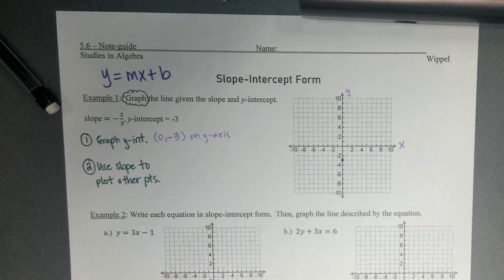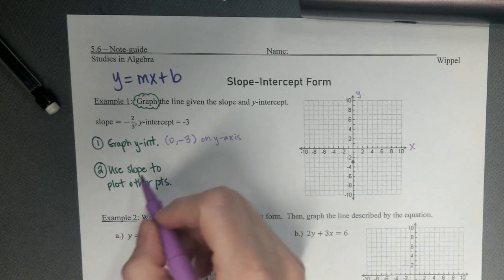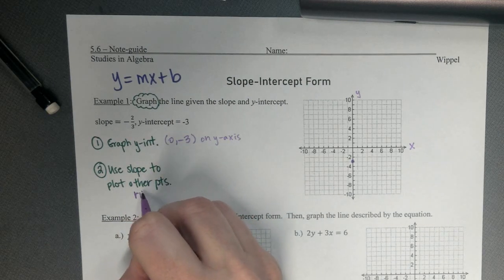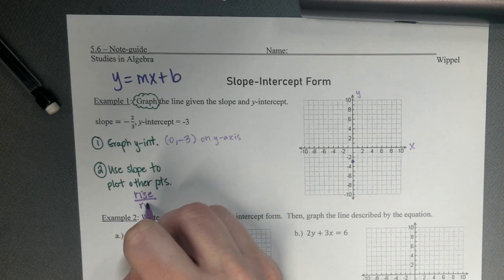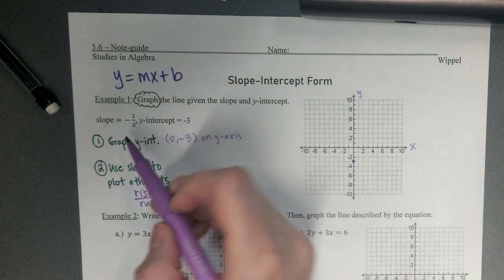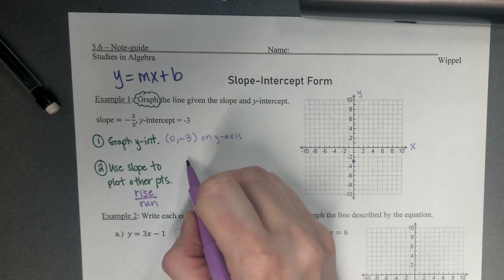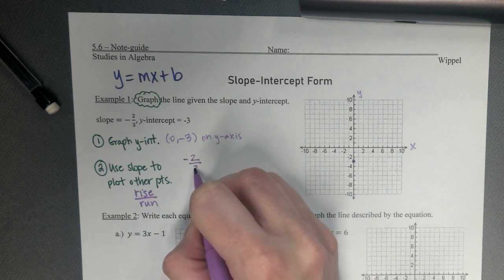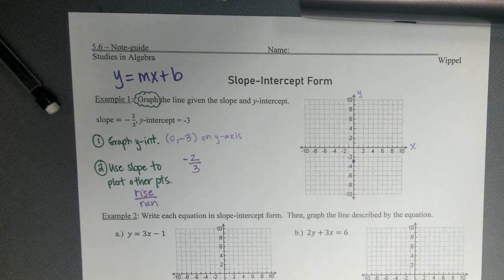Now, when you use your slope, your slope is always the rise over the run. And then, like I said, there's two ways that you can do this. So if you have a negative in front, you can either think of it as -2/3.